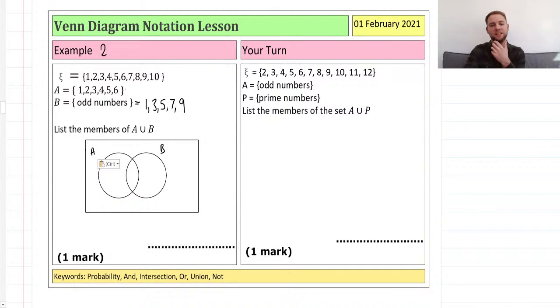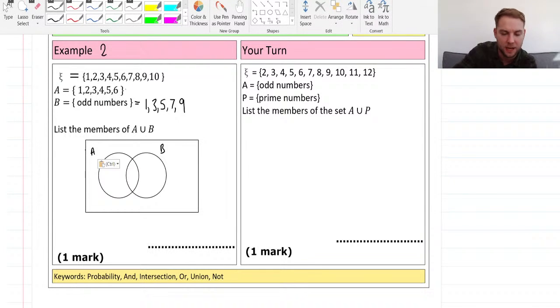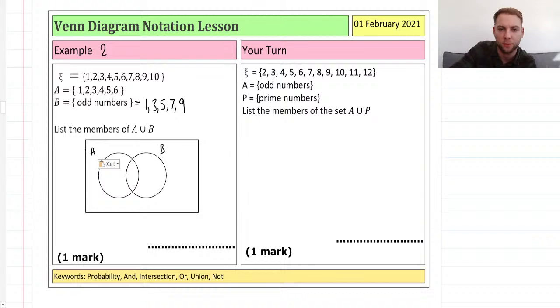Now, last time I said to you, it's always worth starting in the middle and working your way out. And we're going to do exactly the same. We want to have a look at all of the numbers which are in A and B. So which ones cross over here? Let's highlight those actually. So 1 is in A and B. 3 is in A and B. 5 is in A and B, and that's it.